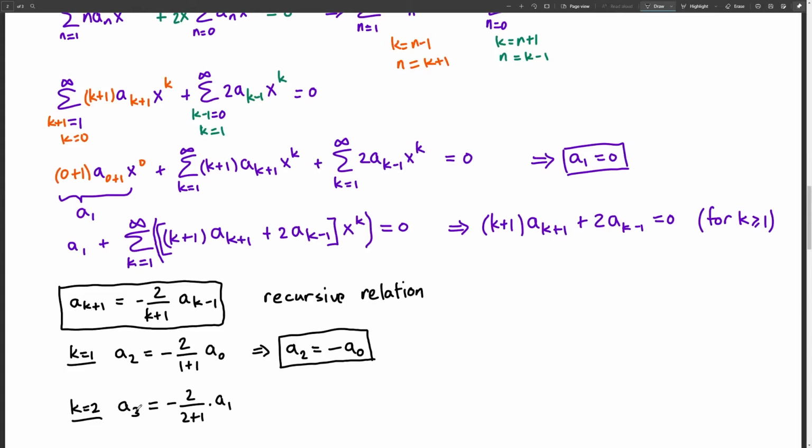So that tells us that a3 is equal to negative 2 over 3 times a1, but we know that a1 is 0, so that's 0 as well. So we know that a3 equals 0.